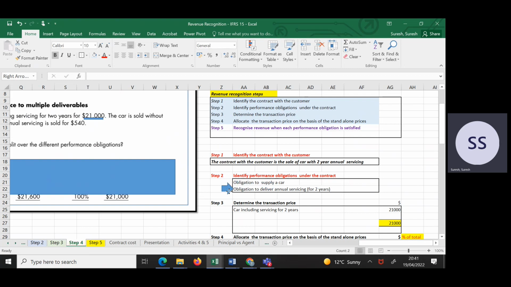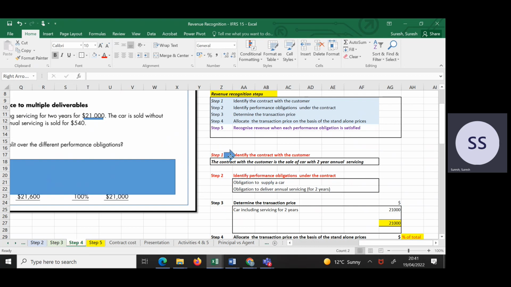The second performance obligation is what? We have an obligation to deliver annual servicing for how long? For 2 years. So these are two distinct performance obligations in the contract, right? When I say distinct, they can be sold separately. So that's the second step.